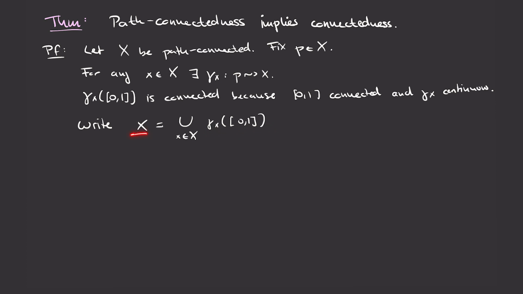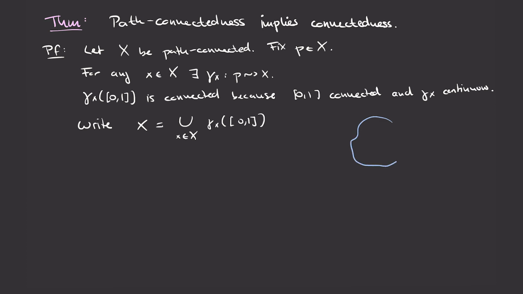Therefore, any point in X will be contained in this union. On the other hand, any one of these images, gamma x of the unit interval, is contained in X, and therefore the union of all of them will also be contained in X, and this establishes this equality.